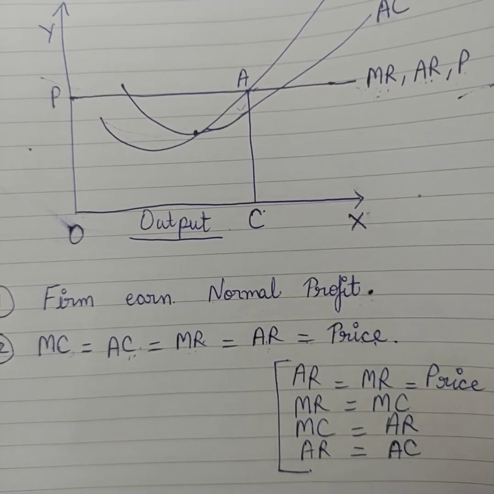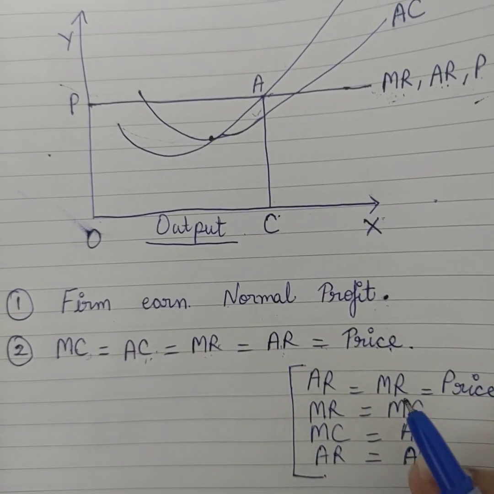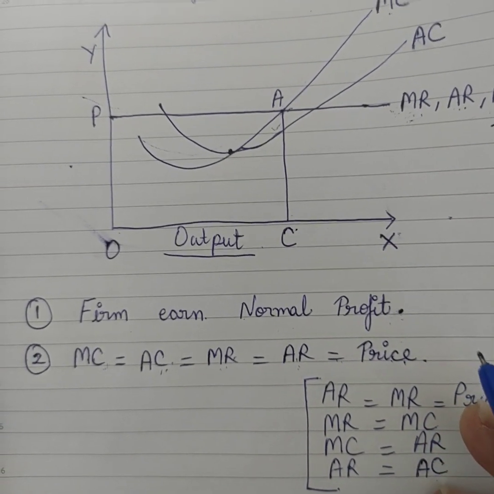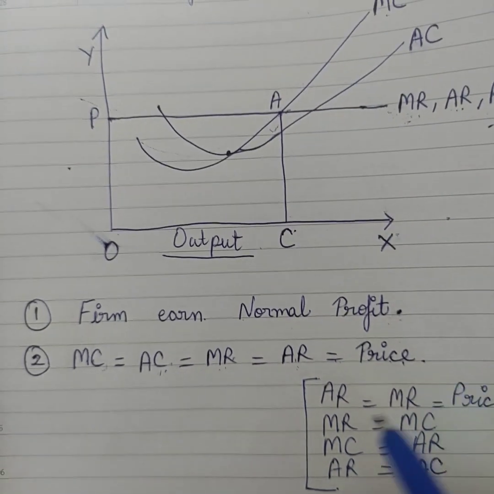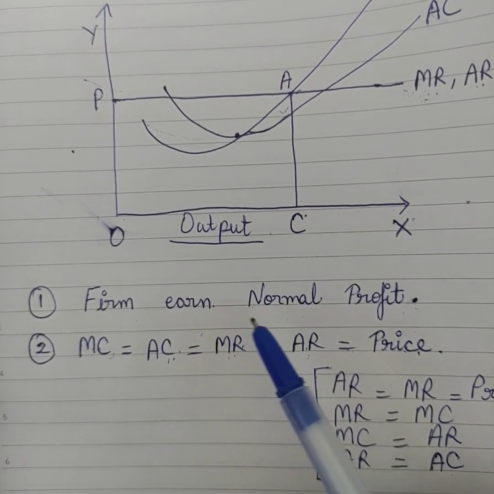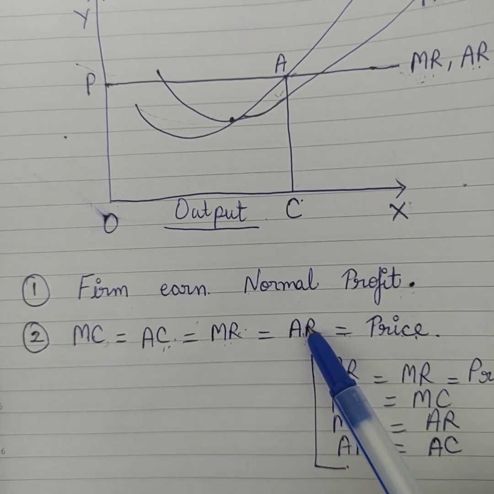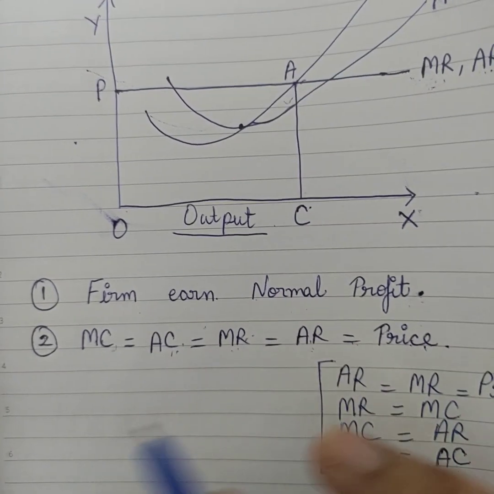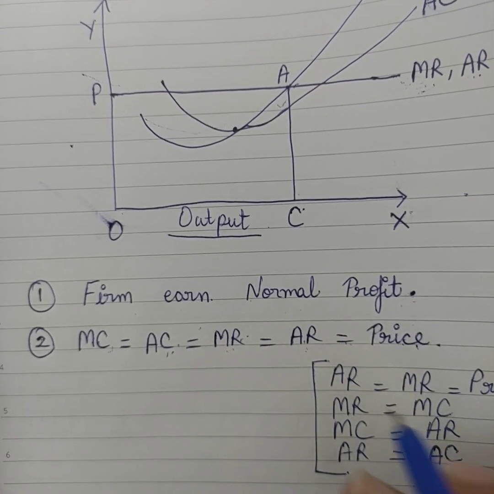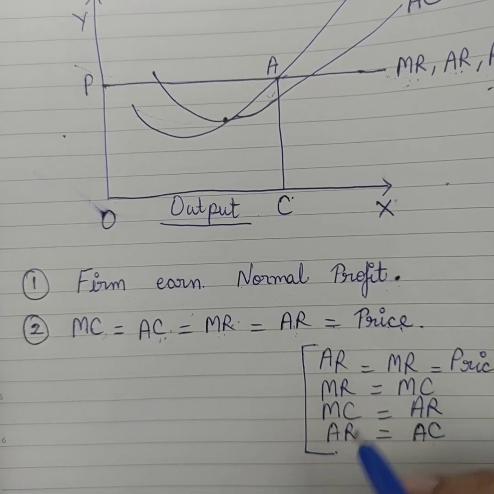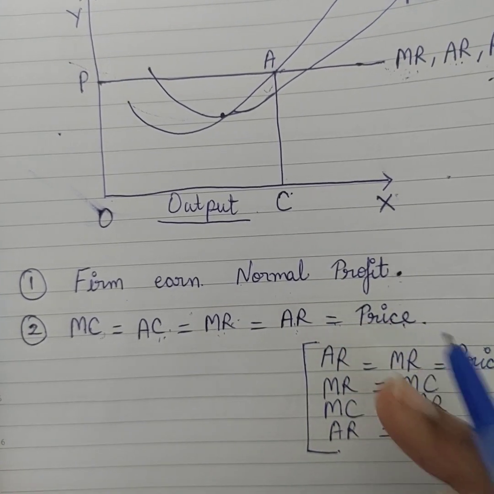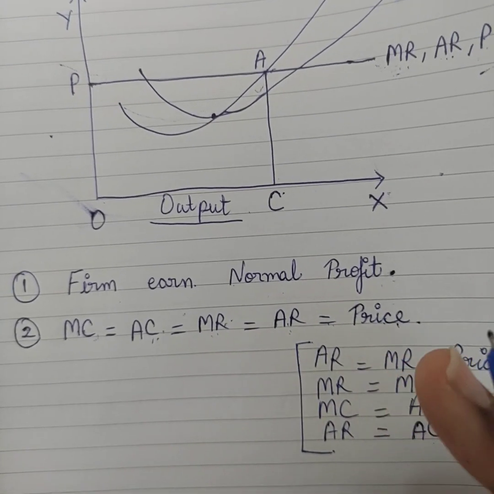So now remember, in long term equilibrium, when our firm is earning normal profit, then marginal cost, average cost, marginal revenue, average revenue, and price all become the same, and our cost will be the minimum average cost. And what does that mean?